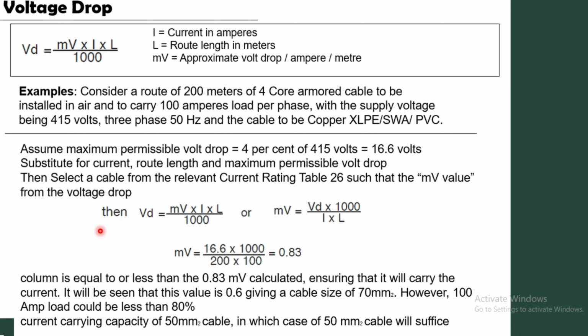Here the solution: VD equals MV multiplied by I multiplied by L, divided by 1000, and if I transfer all the I and L to the other side of the equation, MV will be VD by 1000, divided by I by L. Here in the example, he assumes that the volt drop is 4%, and 4% of the voltage 415 volt is equal to 16.6 volt.